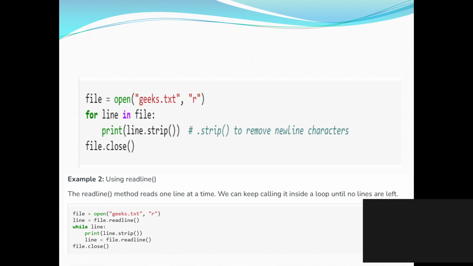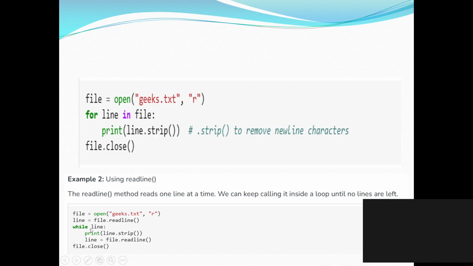The readline method reads one line at a time, so we can keep calling it inside a loop until no lines are left. In this example, we are opening the file using open geeksforgeeks.txt comma mode r, and then I have the first line, where line equals file.readline.